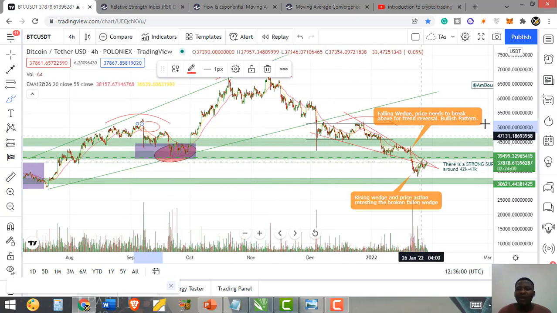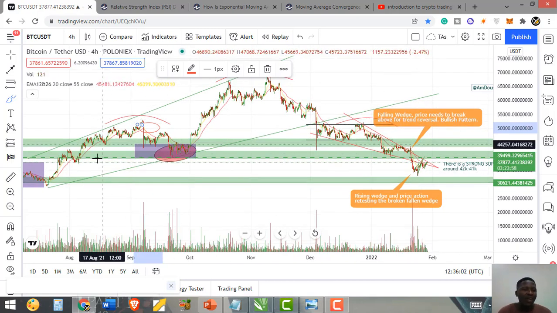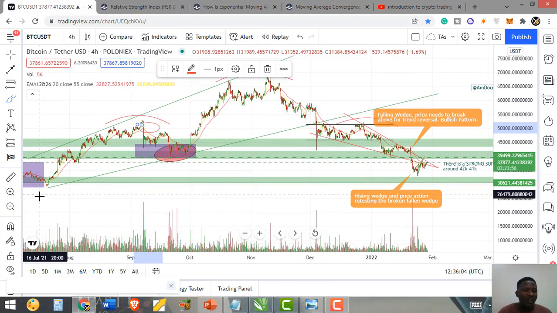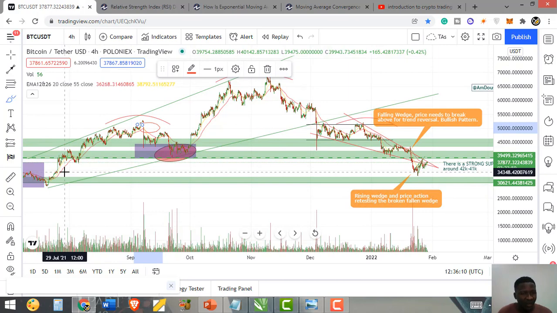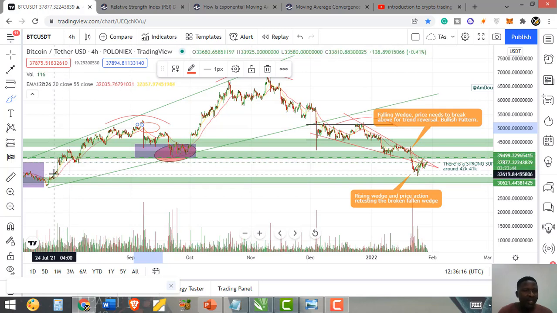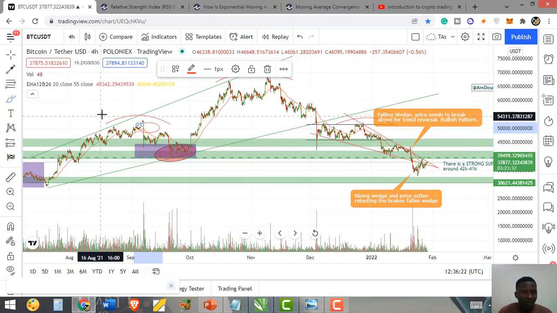So the primary idea is whenever the 20 EMA crosses the 55 EMA, which is the red one, whenever the yellow EMA crosses the red EMA and the candlestick is above the yellow EMA, it indicates a possible reversal of price upward.